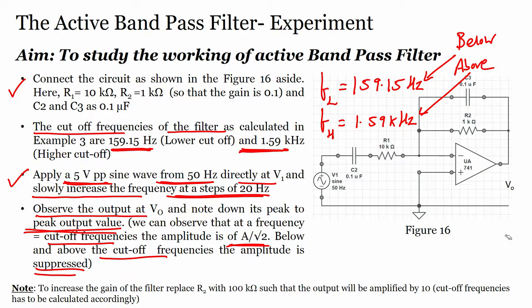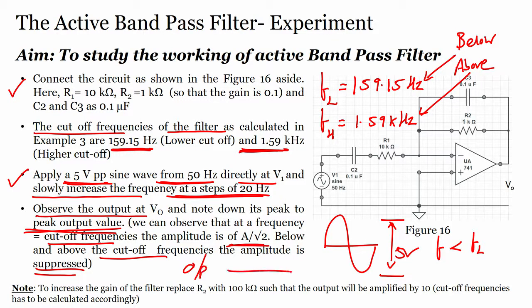So if I have a peak to peak voltage of 5 volts, and my frequency is less than FL, my output amplitude will be suppressed, it will be less compared to what I give as the input signal.